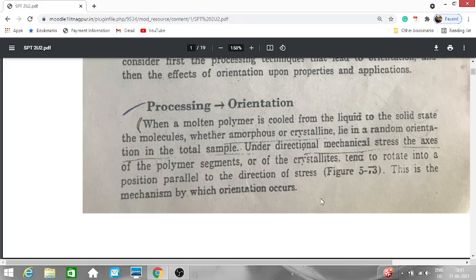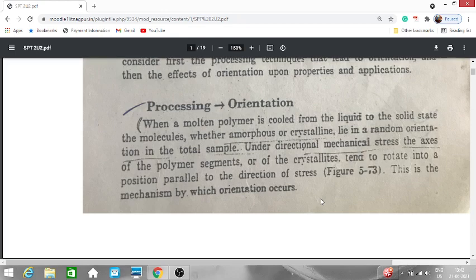So just imagine you have a polymer which is in the liquid form and you cool it into a solid state. So what will happen? All the molecules, whether they are amorphous or crystalline, they will simply lie in random orientation, meaning any zigzag manner.